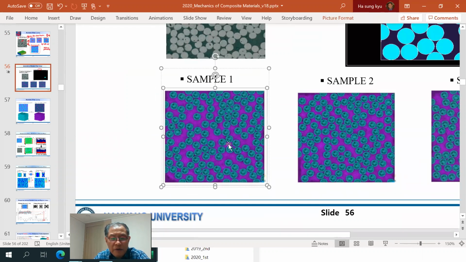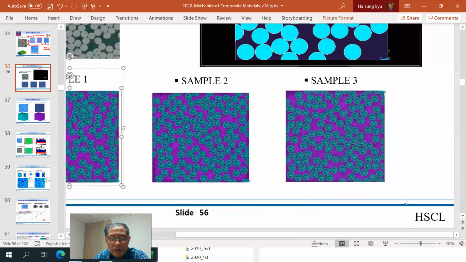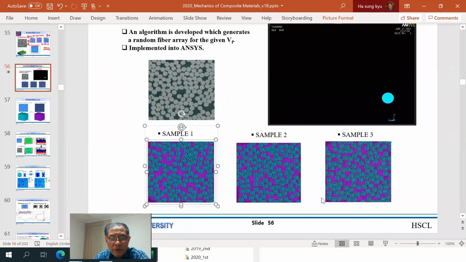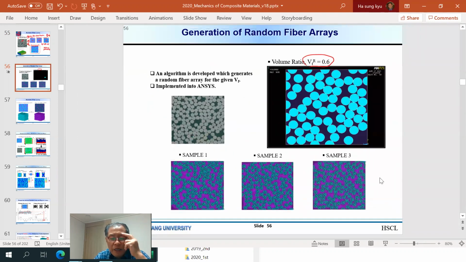As you can see, this is the first run, this is the second run, and this is the third run. Each time you have a different fiber arrangement, because it is numerically randomly generated. But even though the distribution of fibers is different every time, we have the same fiber volume fraction. The algorithm has been developed that way.